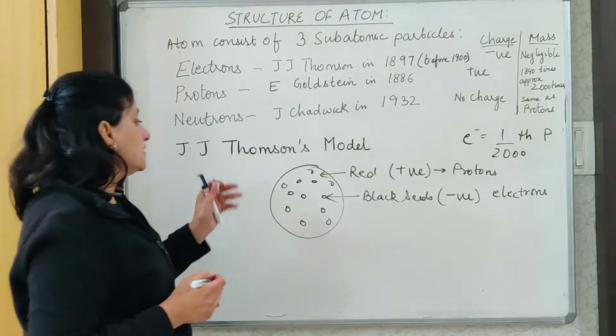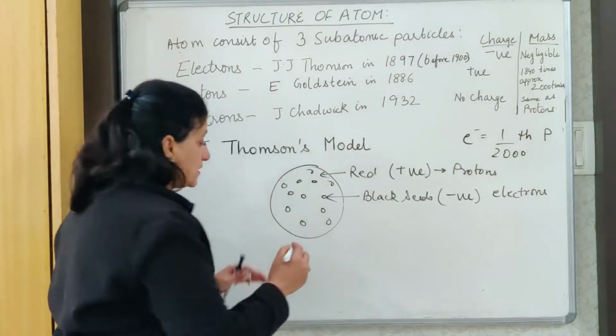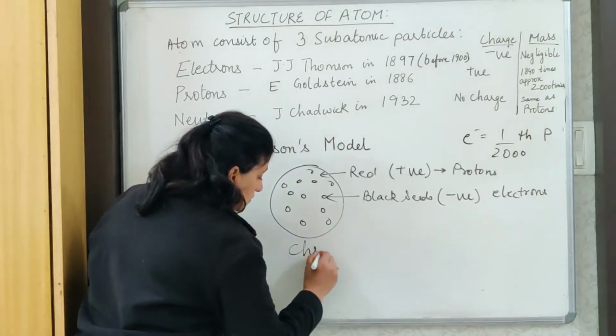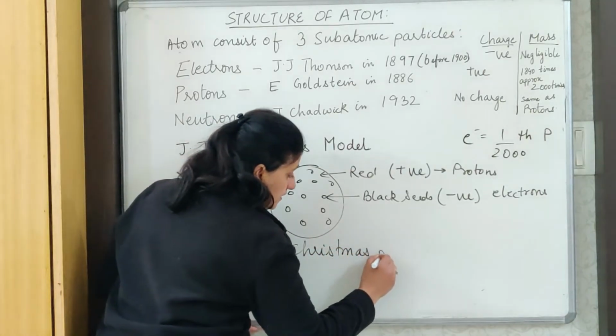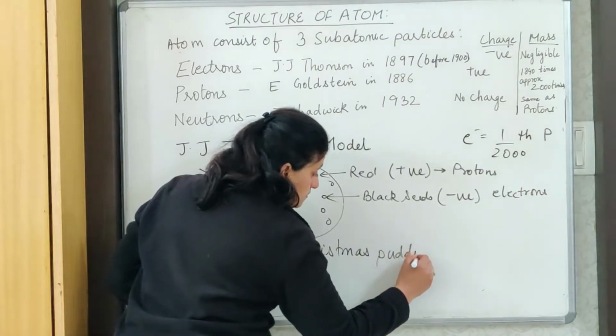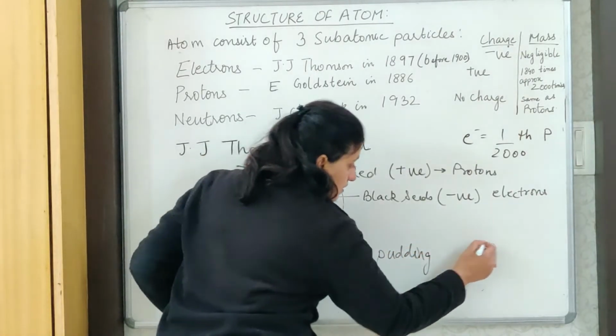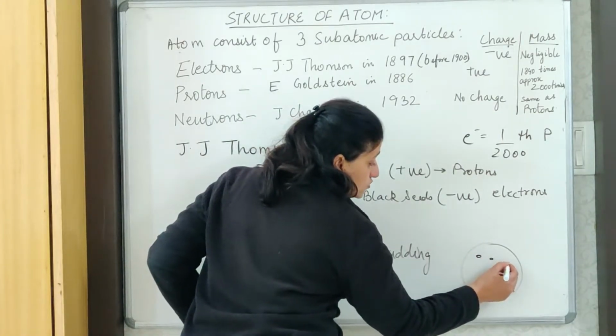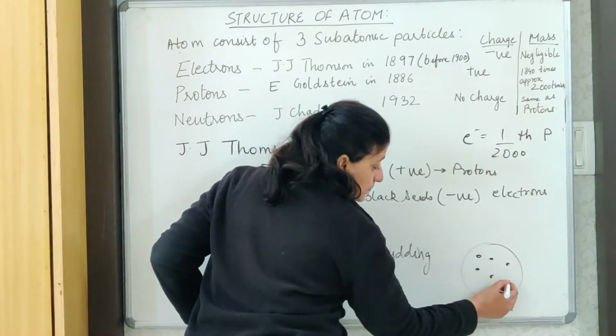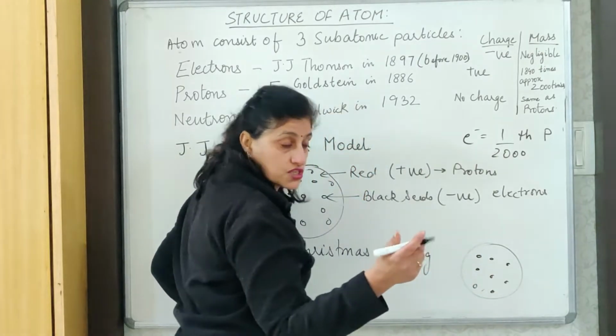He also said that the atom can represent a Christmas pudding. It is just like a Christmas pudding. In the Christmas pudding also we have a pudding cake, and in that we have the dry fruits or the currants, that is the raisins, kishmish.